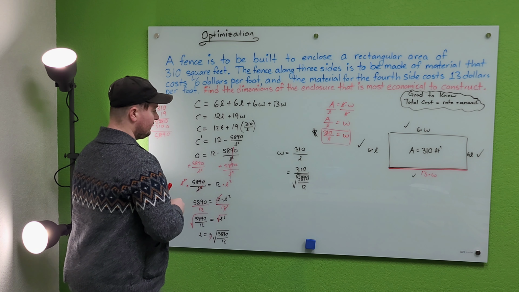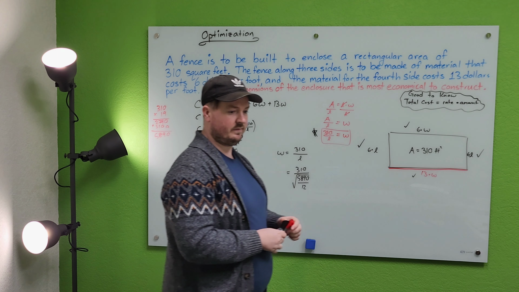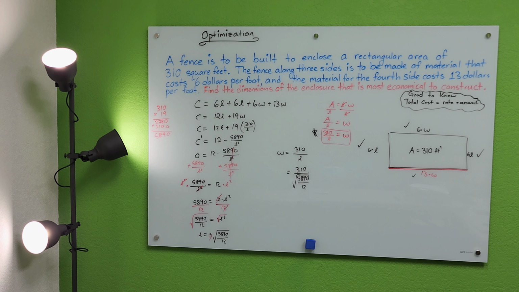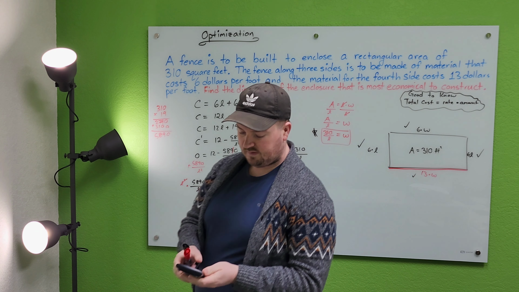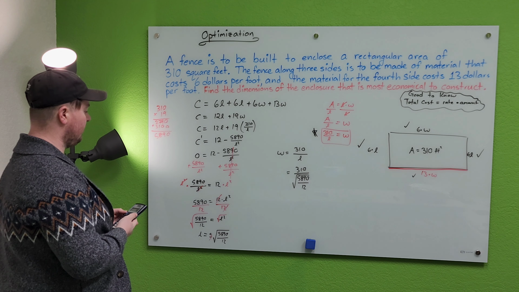Now, both of these are a little bit intense looking, but if we throw them in the calculator, we can find an approximate answer that is typically what we'd want in the real world when working with this sort of problem.